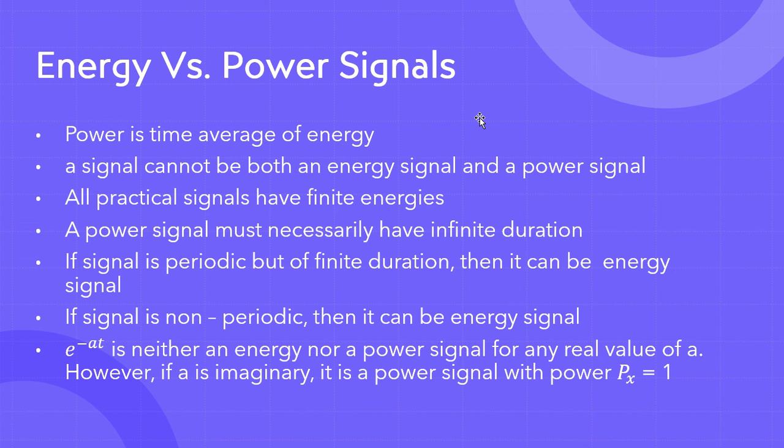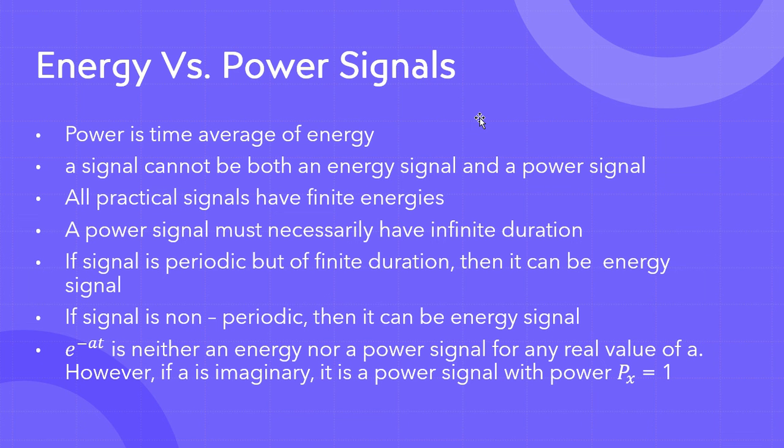Then all the signals, I've just talked about this point a few minutes ago, that all the practical signals which we come across will fall into the category of energy signals, right? Because all the signals which we will come across will have finite energies, which means the duration of those signals will be finite.